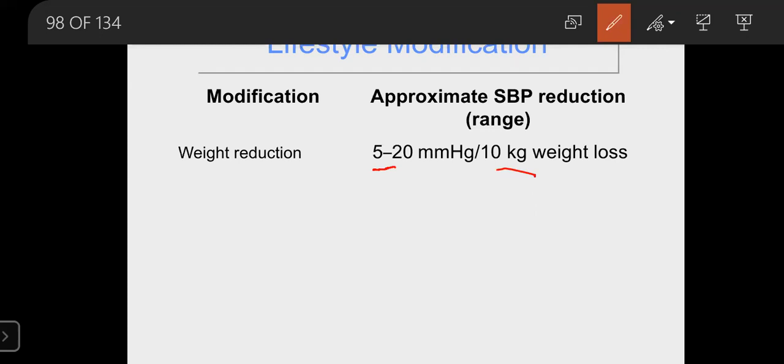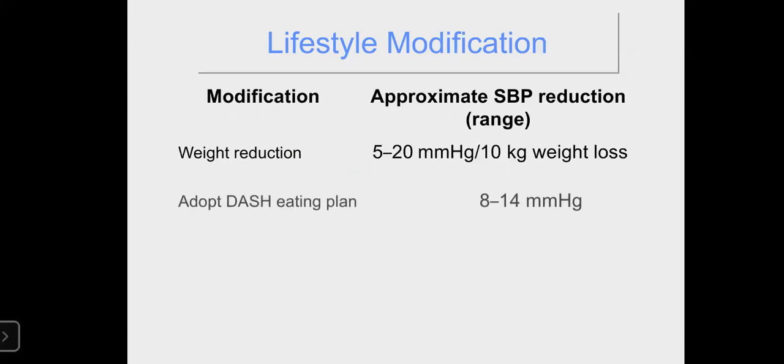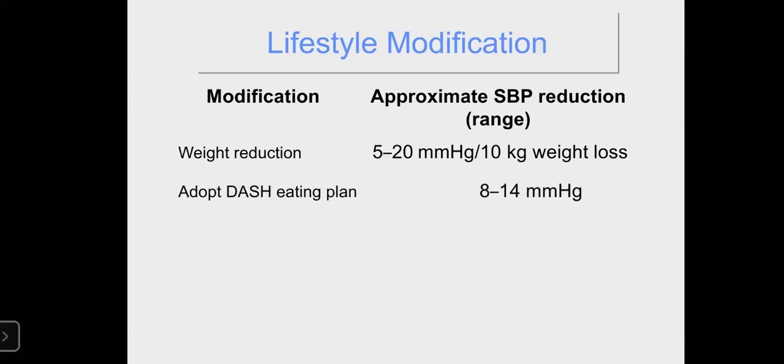Another thing that we can do as a lifestyle modification is adopt the DASH eating plan, which is diet against systemic hypertension. This affects the blood pressure by reducing it by 8 to 14 millimeters of mercury.